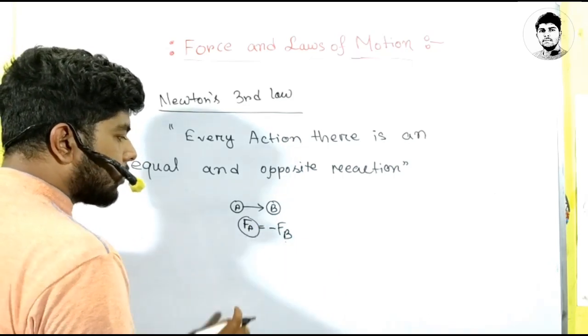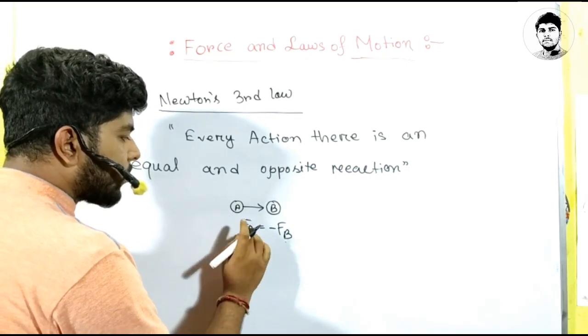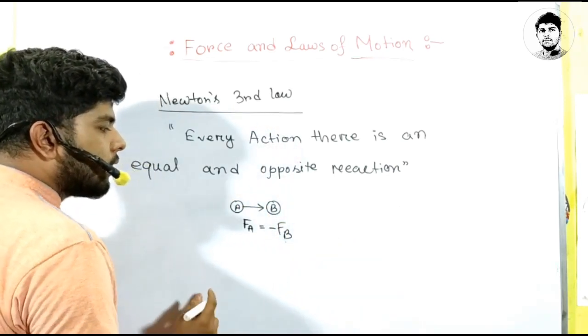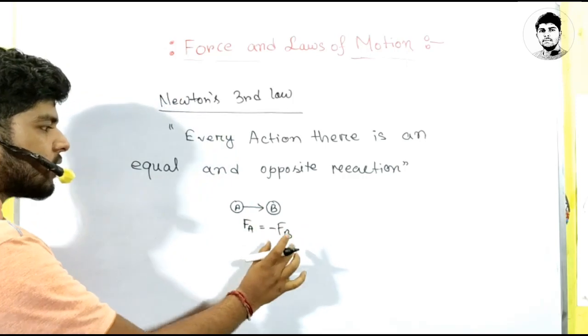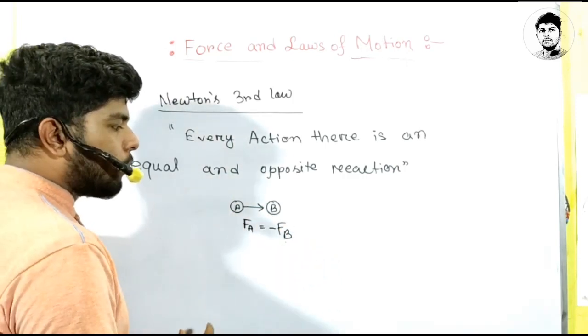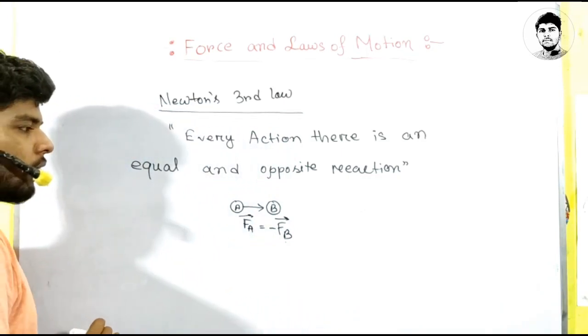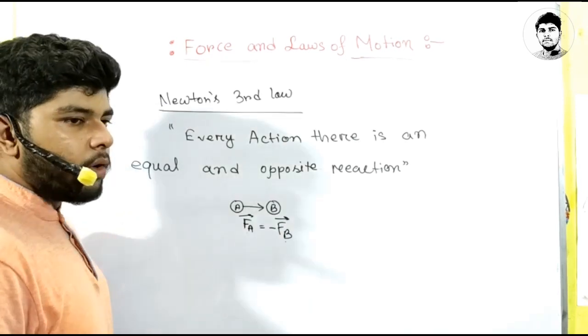That means opposite. The mathematical term is Fa equals minus Fb. These values are the same but the sign is negative. It indicates that the values are the same but the directions are opposite. As this is a vector quantity, we put arrows over it. So this is Newton's third law.